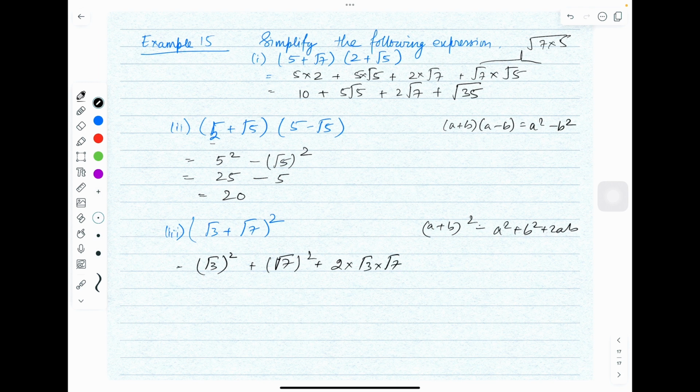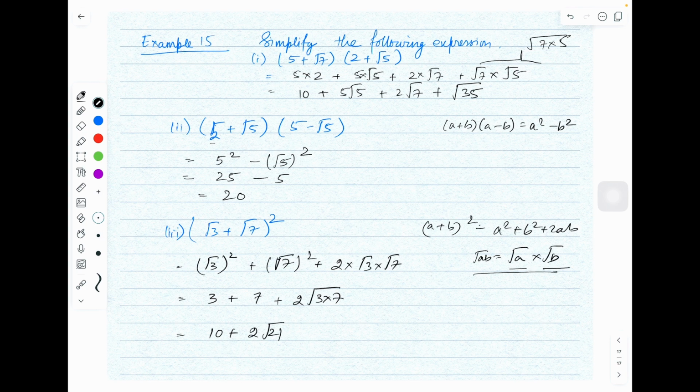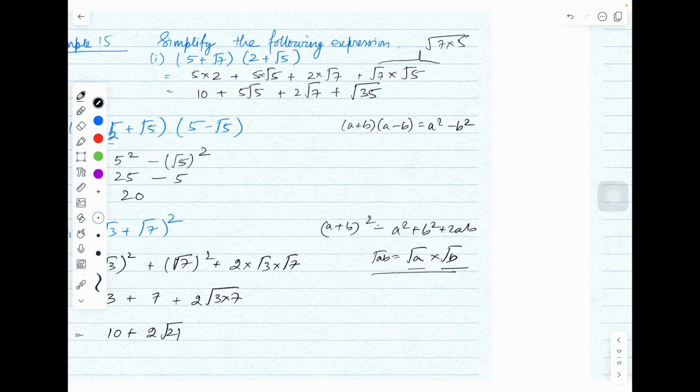You know this property, root a into root b equals root of ab, and if both are positive, we can take it inside. So root 3 square is 3, root 7 square is 7, and 2 root 3 into 7. So 7 plus 3 is 10, plus 2 root 21. Understood? How are we getting 2 root 21? We are taking it inside, 3 into 7 is 21.